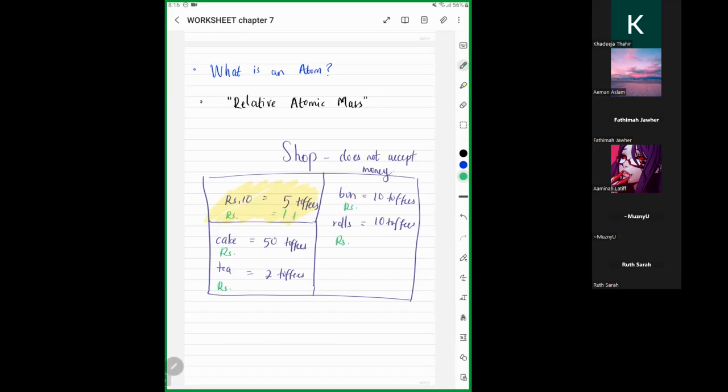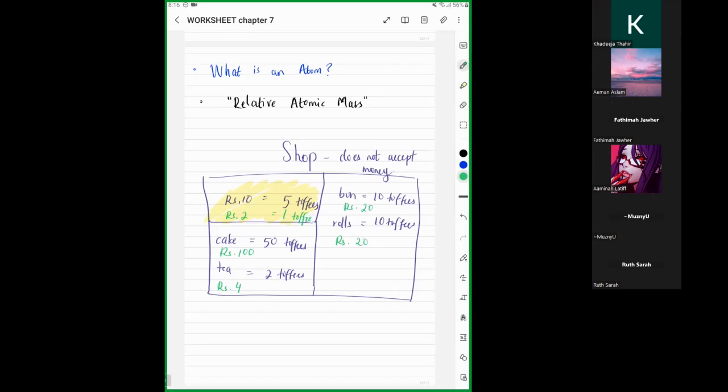That's easy. 2 rupees, no? Yeah, 1 toffee is 2 rupees. Now everything is easy. Then what is this? 100. What is this? 4. How much is this? 20. Did you get it?